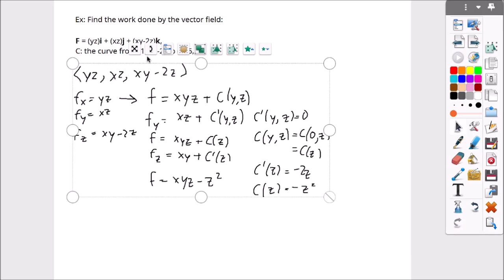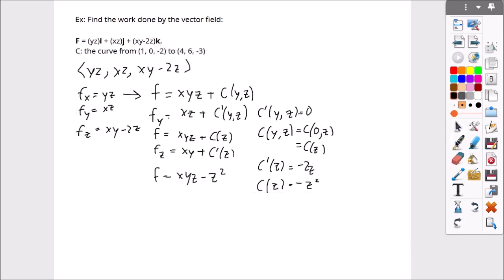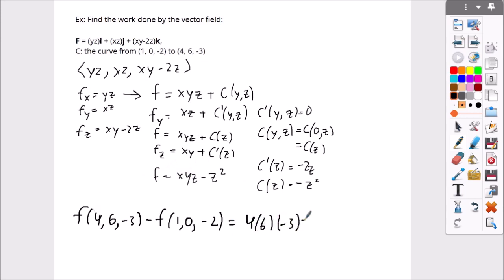C is the curve from 1, 0, minus 2 to 4, 6, minus 3. So f of 4, 6, minus 3 minus f of 1, 0, minus 2 is equal to 4 times 6 times minus 3 minus 3 squared, minus 1 times 0 times minus 2, which is 0, minus 2 squared.